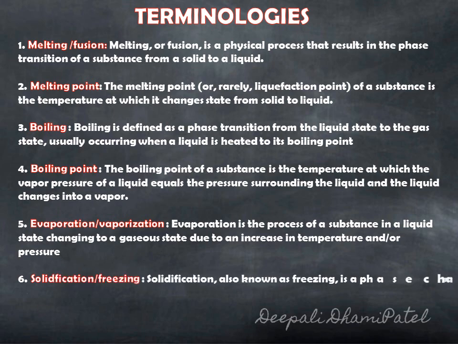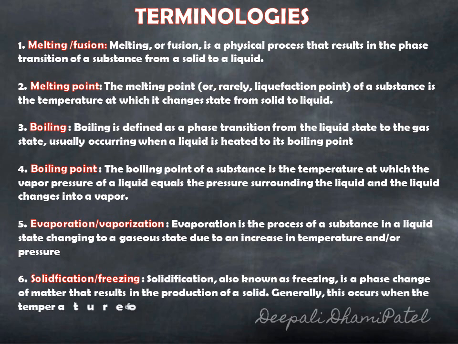Solidification: the reverse, the conversion of liquid to solid, is called solidification. That is, when any matter results in the production of solid from liquid substance due to decrease in temperature, it is called solidification.